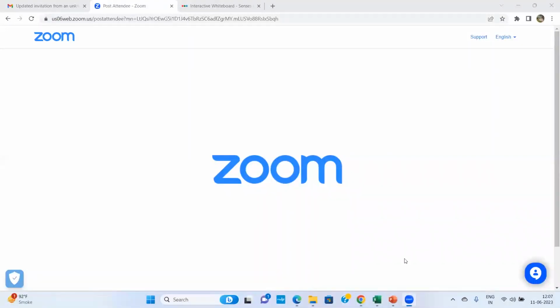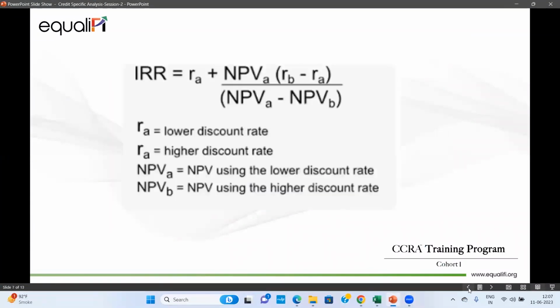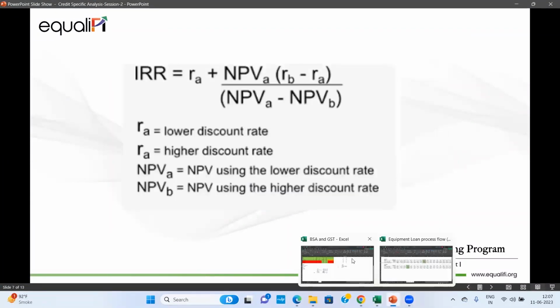It will take some time. But anyway, I can express it in Excel as well. For the time being, I will express it in Excel. So this is the formula of IRR, right? Now I will show it in Excel.